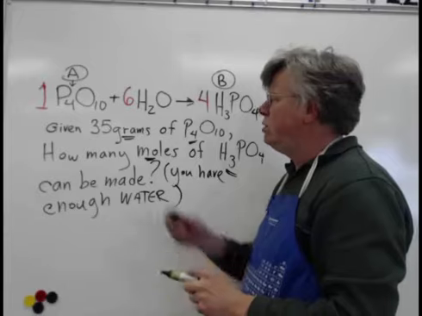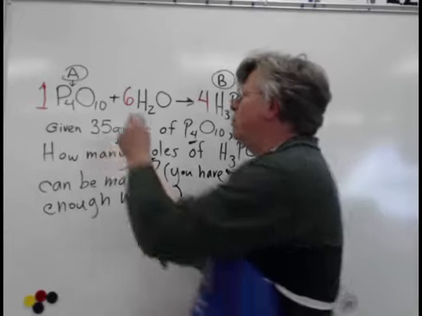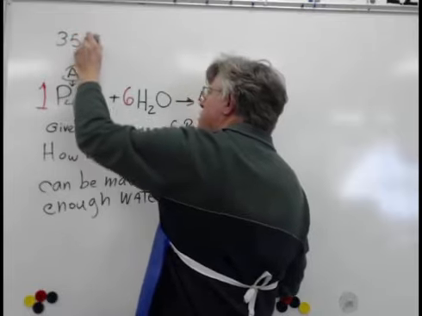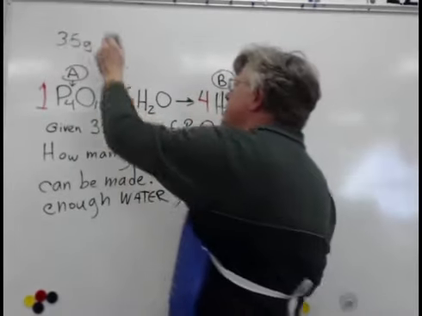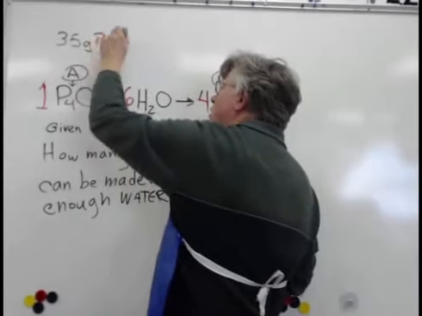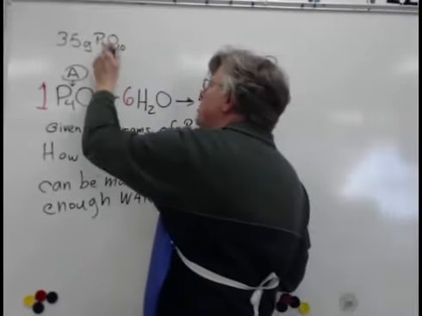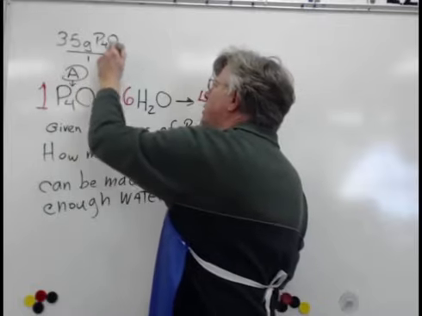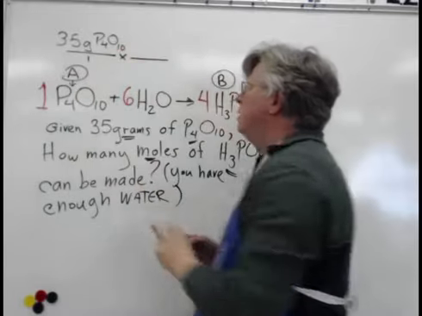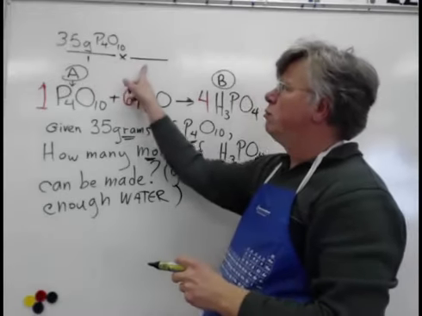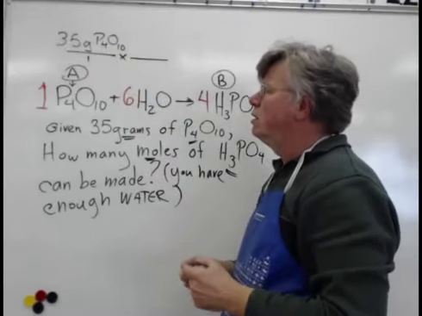The first thing I do is write down the number in the problem, 35 grams, and then what it is, P4O10. There's no other unit, so I'll put it over 1. Now, like I showed you in that map, you have to go from grams to moles of this material. How do you do that?